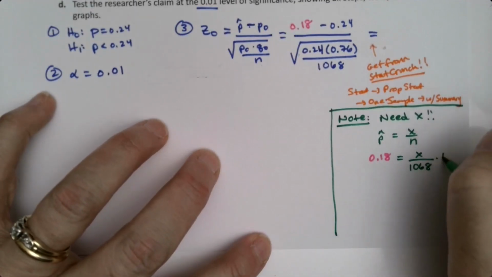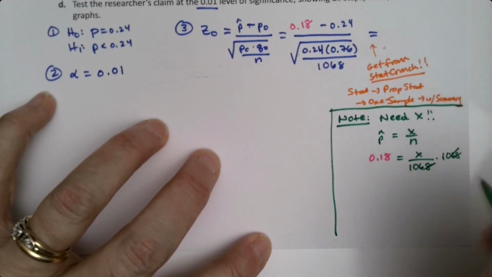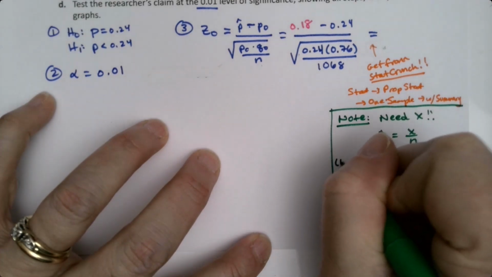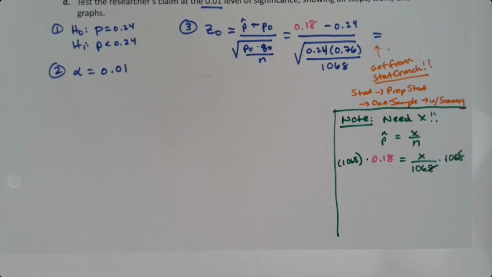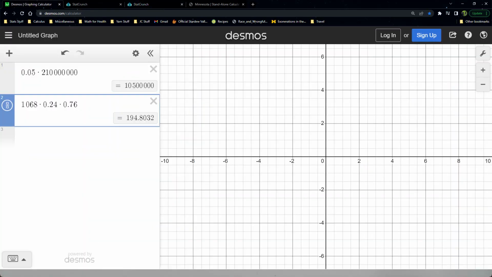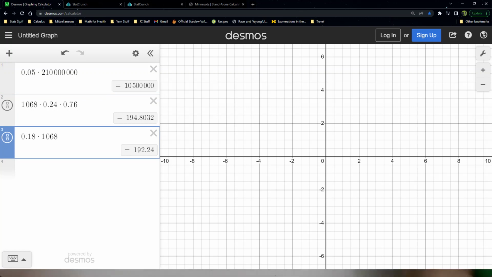So if I multiply by 1068 over here, but you have to do it to the right, whichever you do to the left, and vice versa. So I'm going to go grab Desmos and say, hey, Desmos, tell me what 0.18 times 1068 is. And it tells me that it's 192.24.